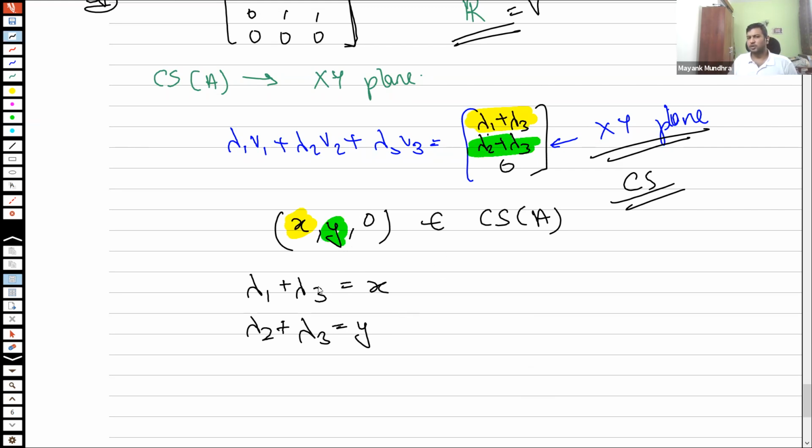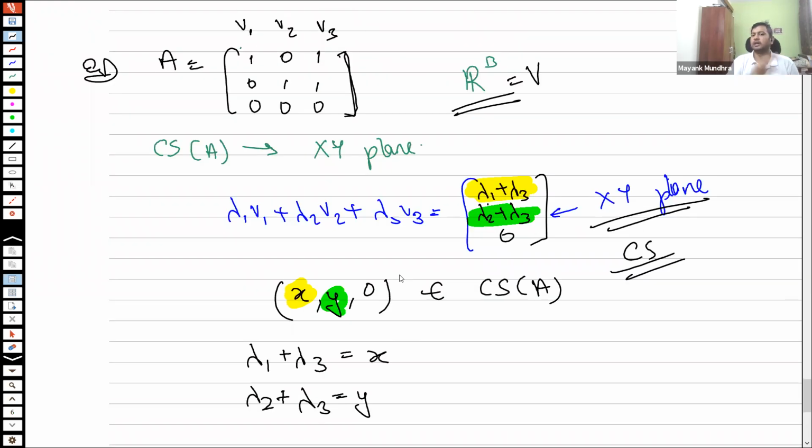So if I can ensure lambda 1, lambda 2, lambda 3 values in such a way, I can reach any point xy in the entire xy plane. That's what I'm trying to show, that the entire xy plane is covered here. So this column space will still be the entire xy plane.